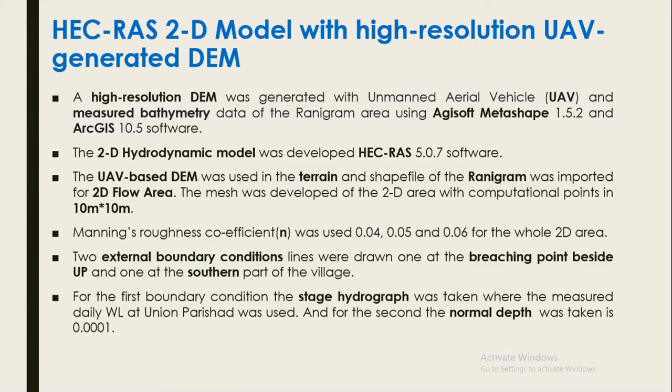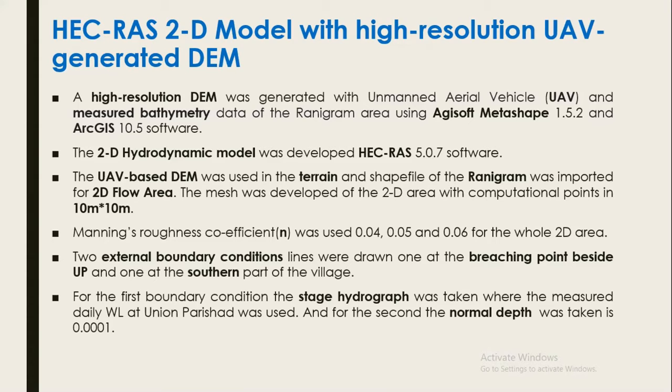Then a HEC-RAS two-dimensional hydrodynamic model with a high resolution generated DEM was performed. The high resolution DEM was generated using a UAV drone, with ground control points and measured bathymetry data.